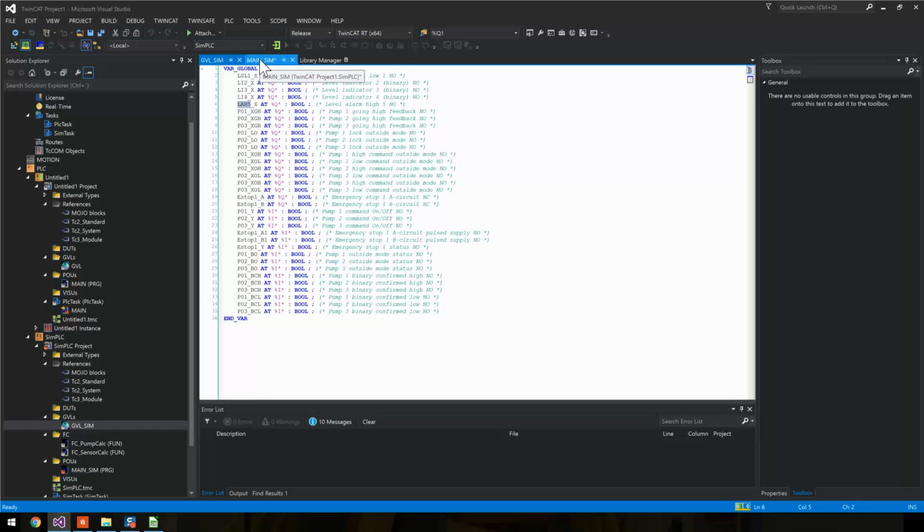But let's not worry about that at the moment. Let's just focus on the numbers. This is the lower sensor, this is the highest sensor, and these are the ones in between. So let's map those.